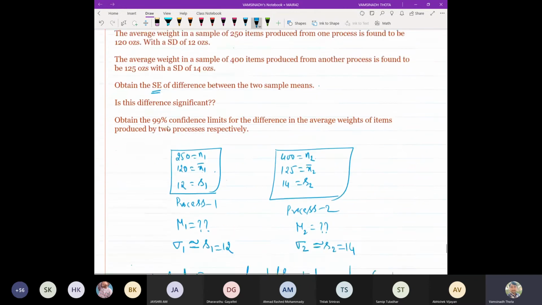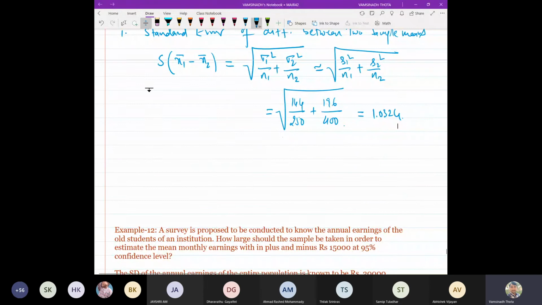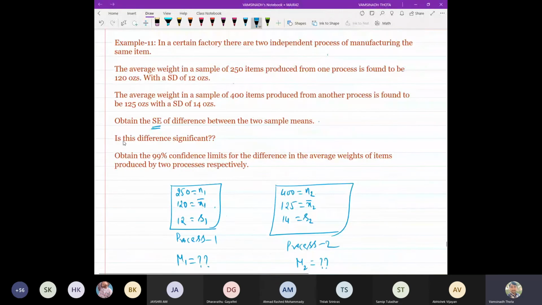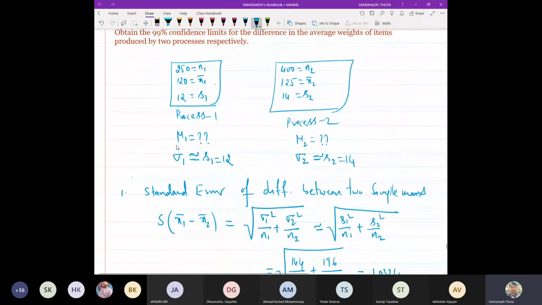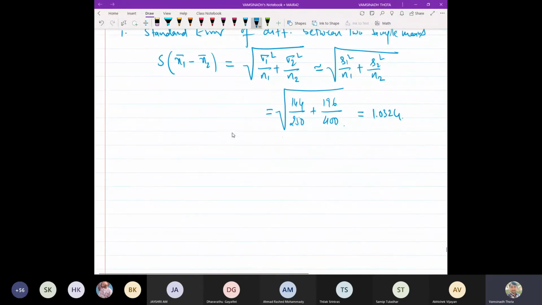We have obtained the standard error of the difference between the two sample means. Now, the second question is whether this difference is significant, that is, whether the difference between the sample means is significant or not. For this question, we need testing of hypothesis. H0: mu1 is equal to mu2, and H1: mu1 is not equal to mu2.